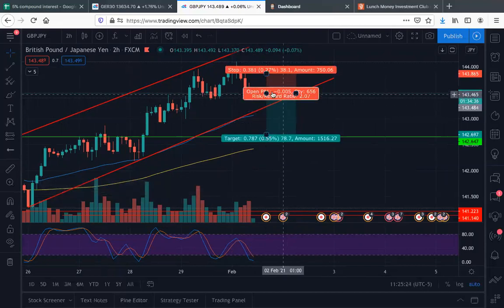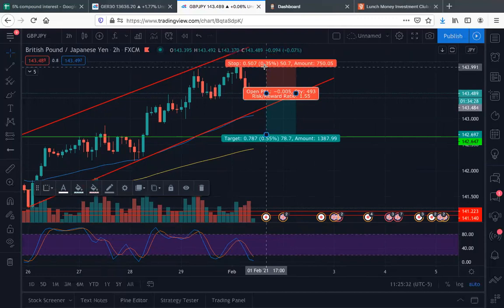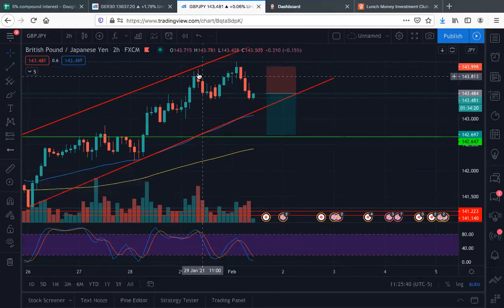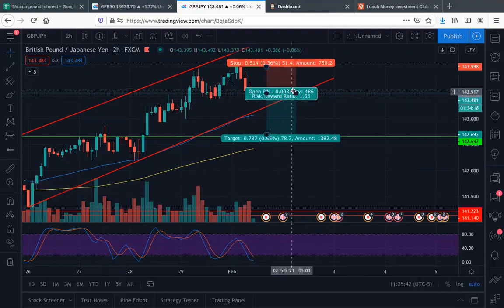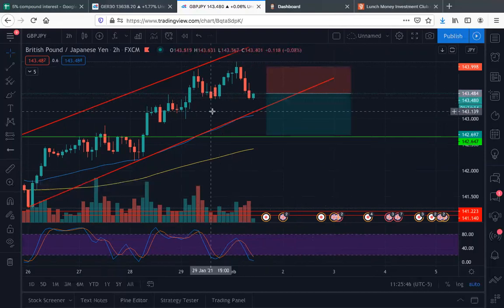All right. So you could enter here for a lower lot size, put your stop loss outside of the left shoulder, right? Because we still have that left shoulder in place here. All right. Even with that being said, we still got a 1.5 risk to reward, right?